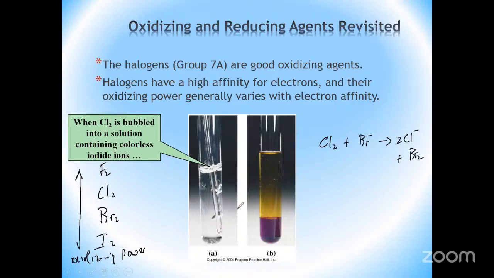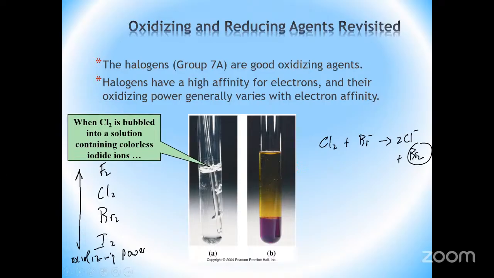And what this person did was that they had the solution of iodide in, I think, carbon tetrachloride or something like that. When they bubble the chlorine in it, the iodine that is formed ends up in the carbon tetrachloride solution. Oh shoot, it wasn't bromide.